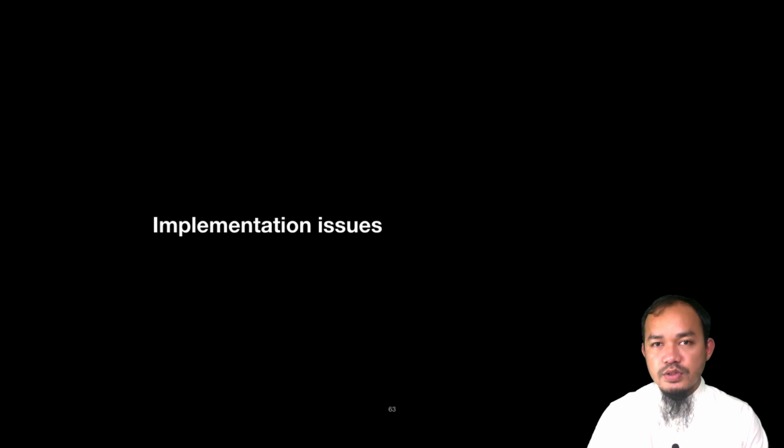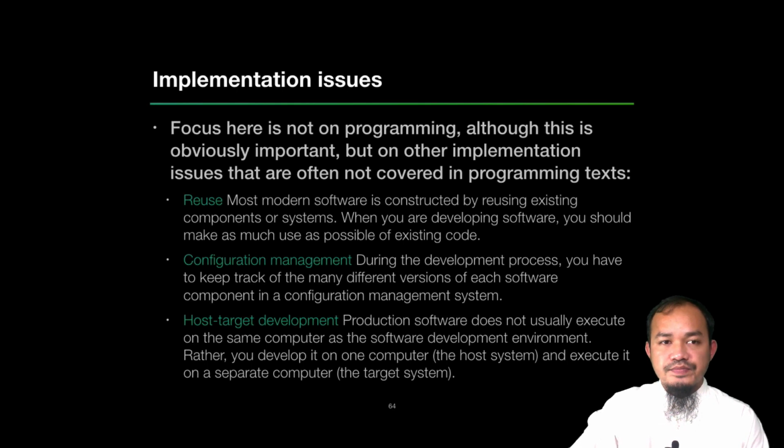Implementation issues. When we try to do the implementation, there are some issues that we have to discuss first. This is experience, lessons learned from previous software engineers and developers. The focus here is not on the programming, but it's important.